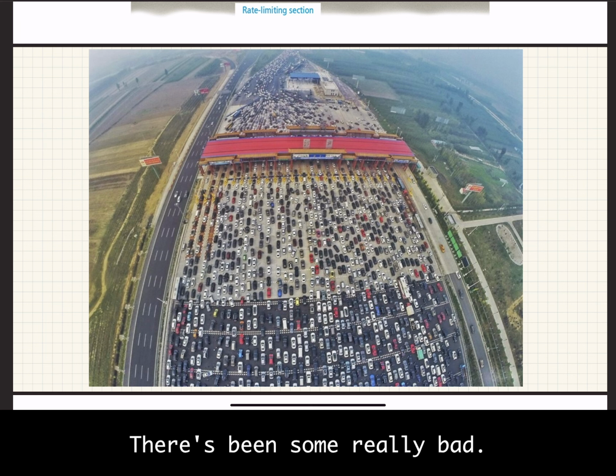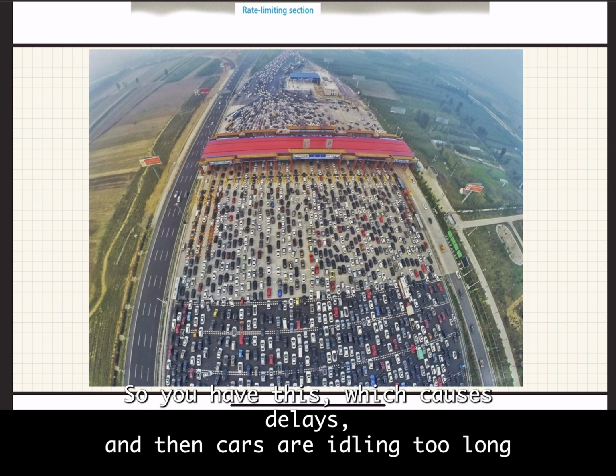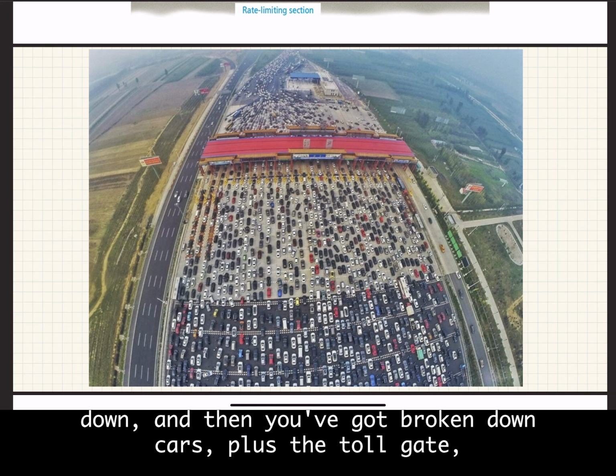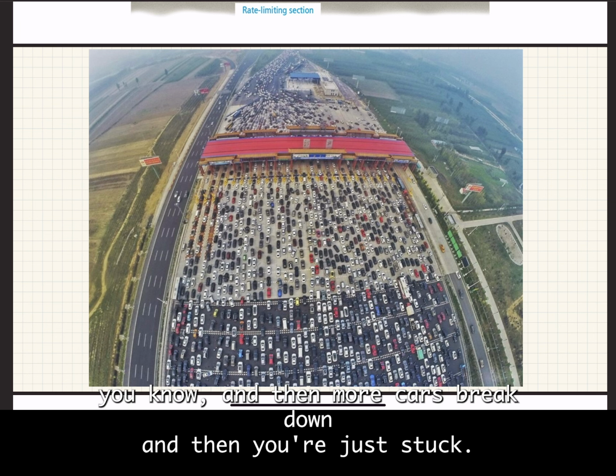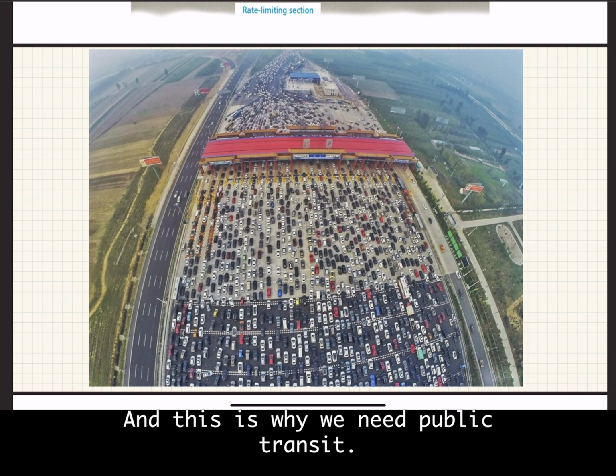You have this, which causes delays, and then cars are idling too long, and they're idling near other cars, so it gets really hot, and then cars break down, and then you've got broken down cars plus the toll gate, and then more cars break down, and then you're just stuck. And this is why we need public transit.